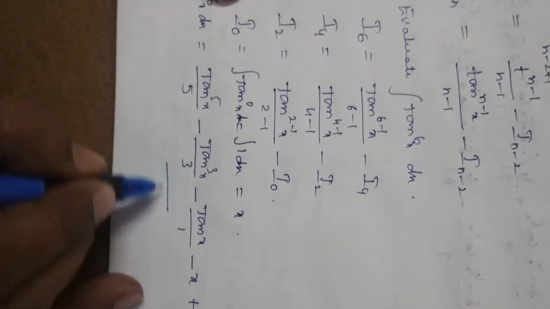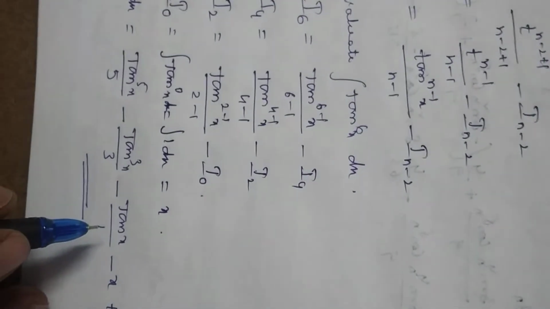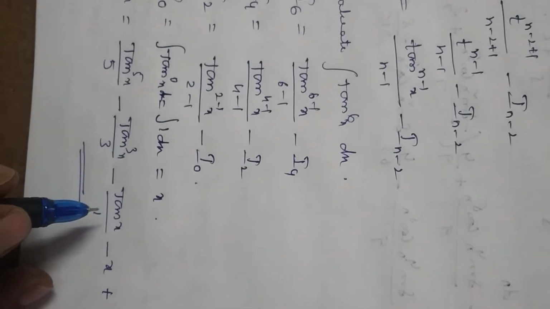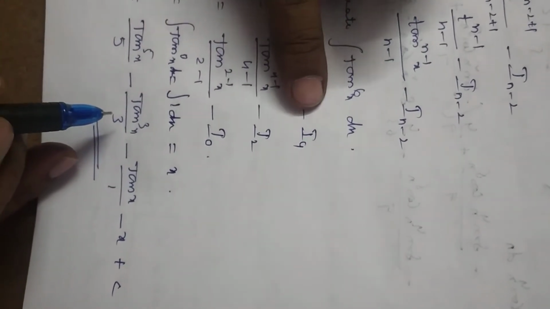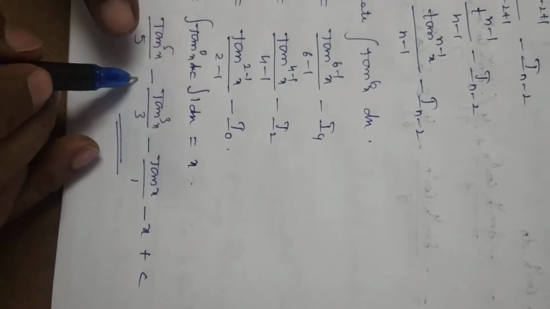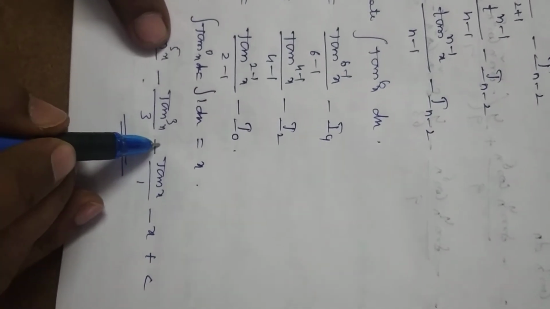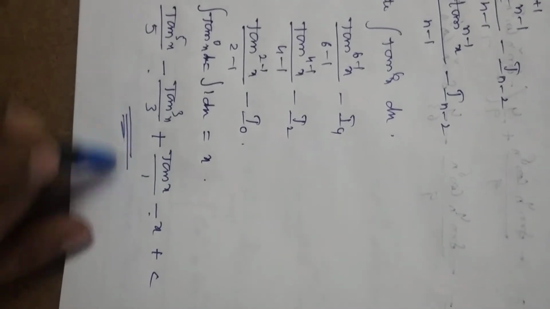This is the final answer. So like this, step by step we can get it. So minus I_(n-2) we have in every formula. So with that, what you are going to get is minus only, and here plus, so this will be minus only. Okay, so this is the final answer.